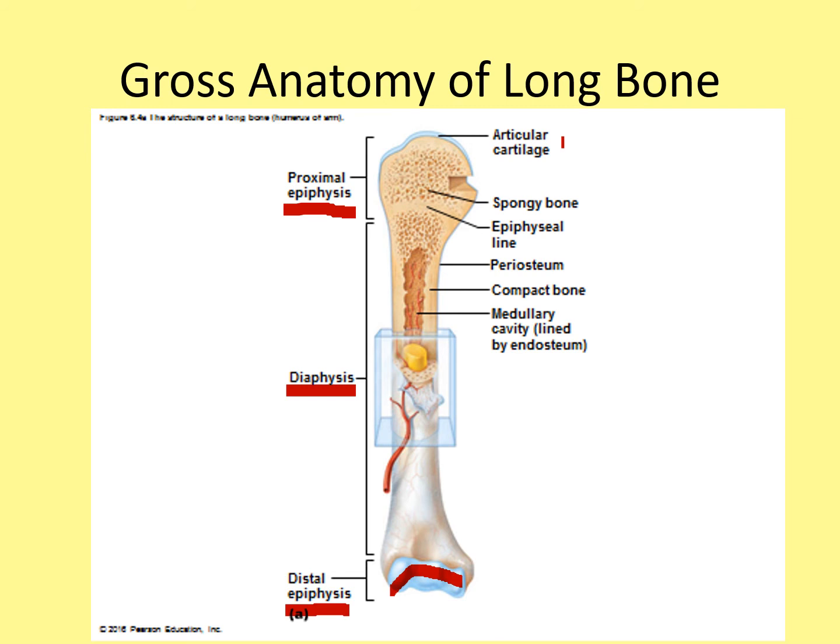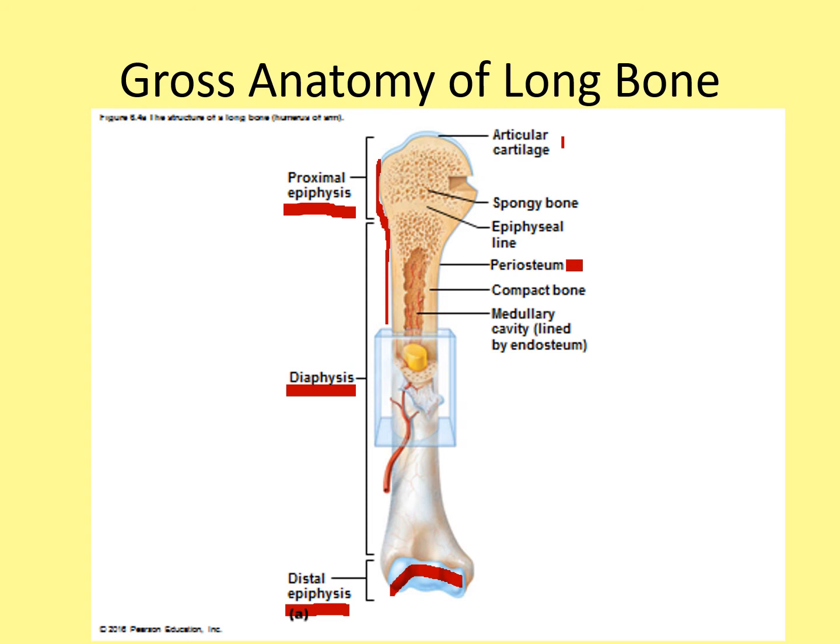Well, the bone is also connective tissue, but you have this connective tissue membrane, the periosteum, as we see right here, which is on the outer surface of the bone. It basically becomes continuous to the articular cartilage, and then it's going to come down this way, lining the outside of the bone, helping to protect it.